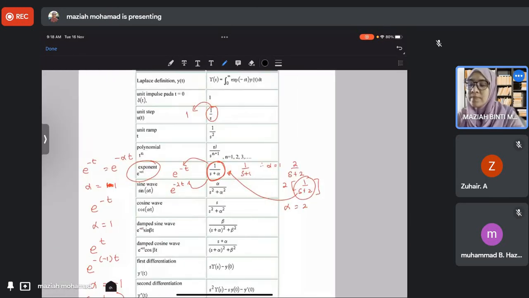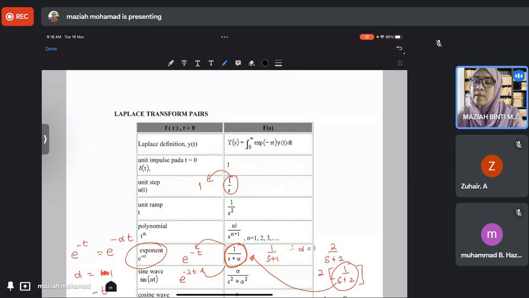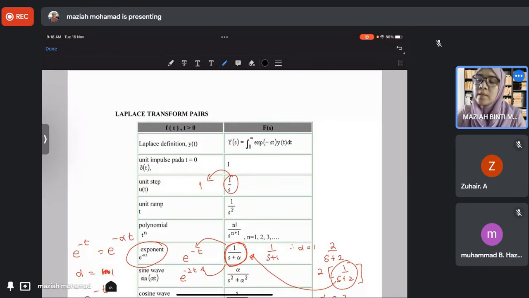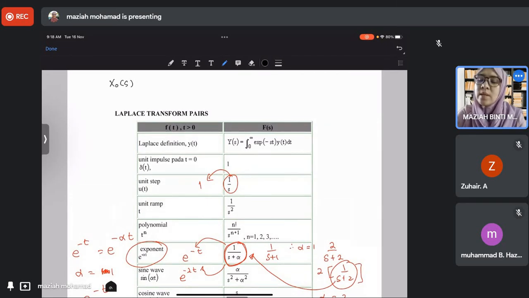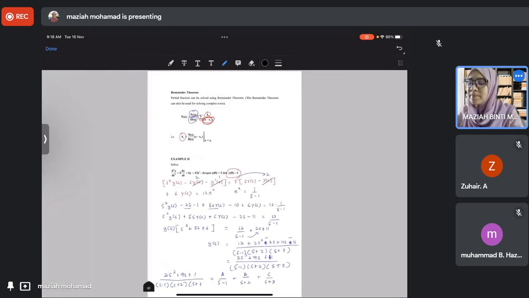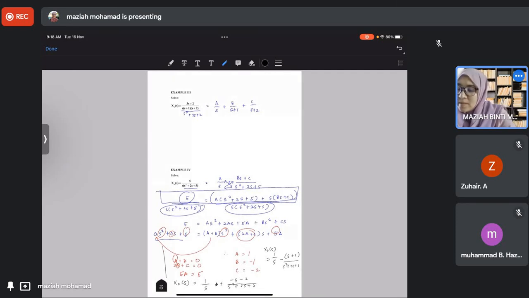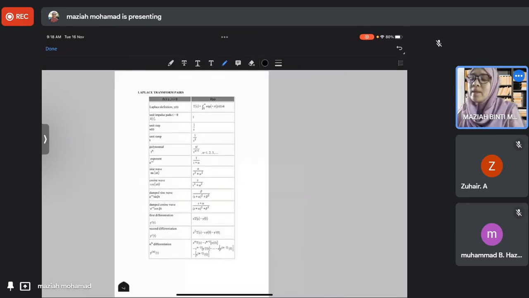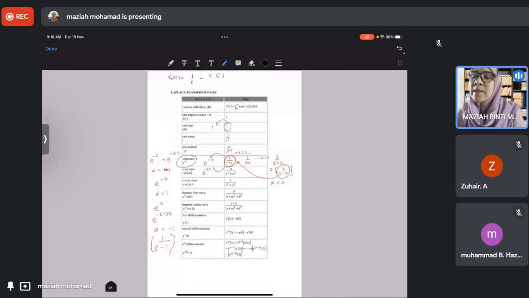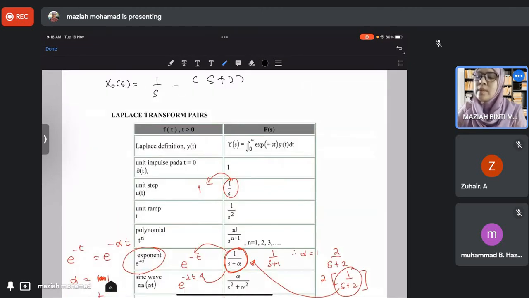let's refer to the table. Let's write here: X naught S equal to 1 over S minus S plus 2 divided by S square plus 2S plus 5.